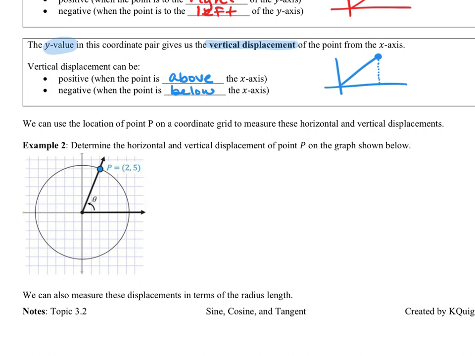be very simple. We said that the x value is your horizontal displacement, and the y value is your vertical displacement.